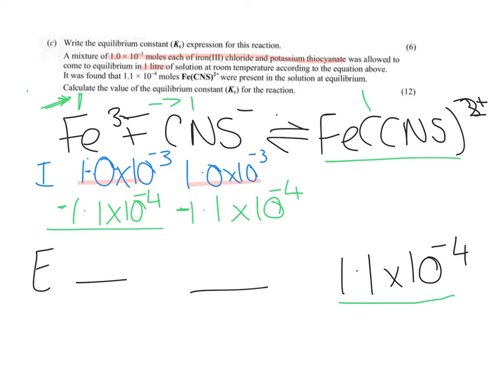So in order to figure out how much I have left, I'm going to take both of those figures away from each other, and I end up with 8.9 by 10 to the minus 4 for both. We then take these figures and pop them into our equation for KC.